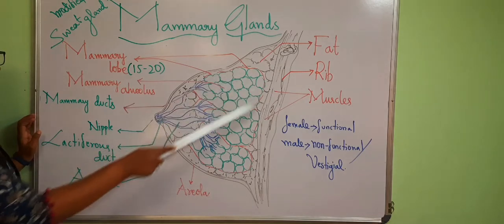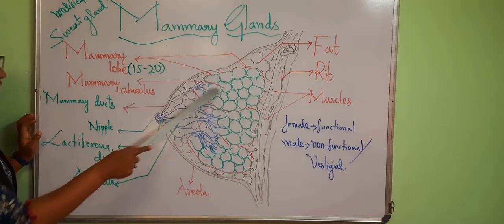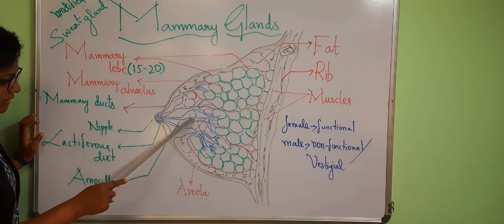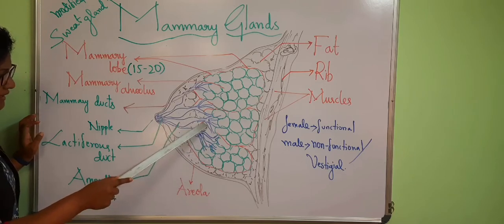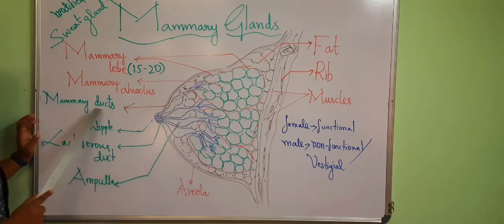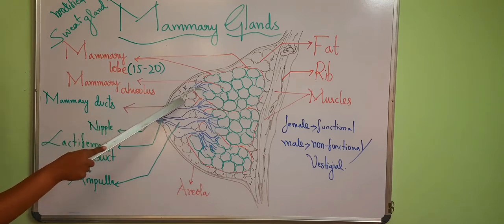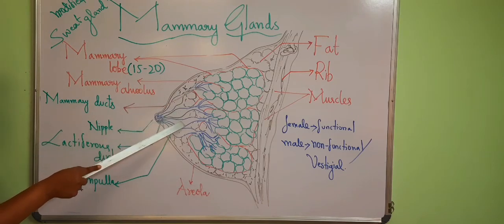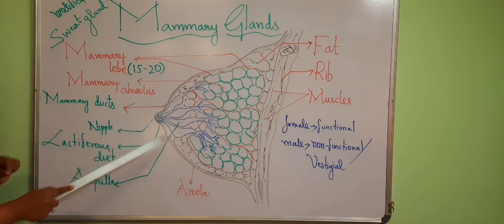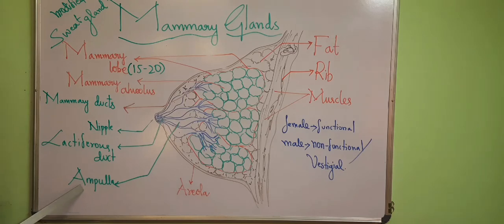There are many in number. All the alveoli and lobes are connected by common ducts called mammary ducts. The mammary ducts join a bulged portion called the ampulla.